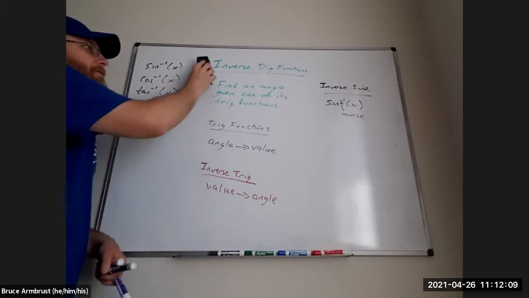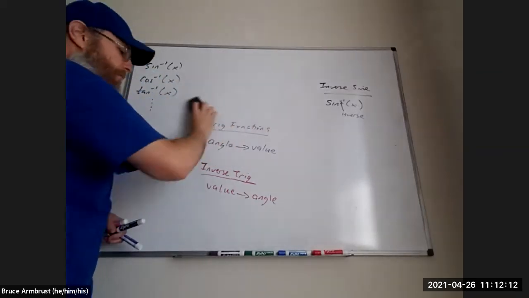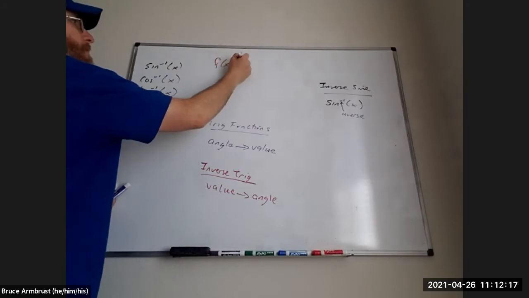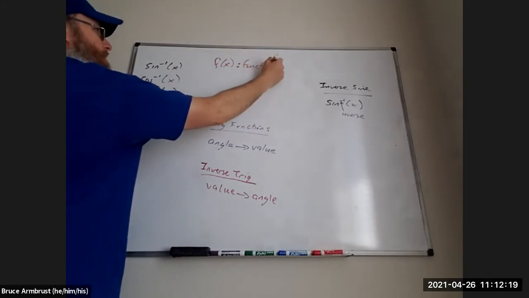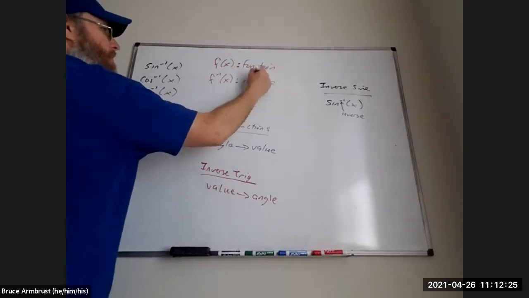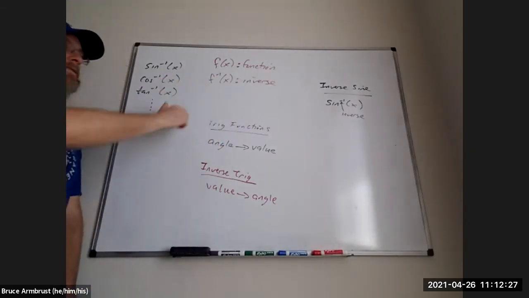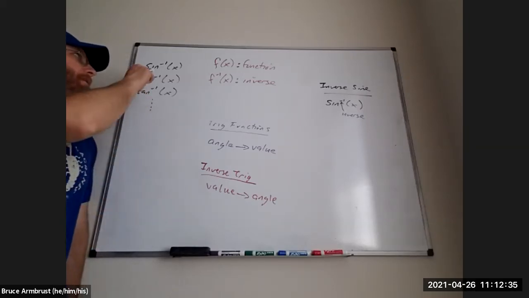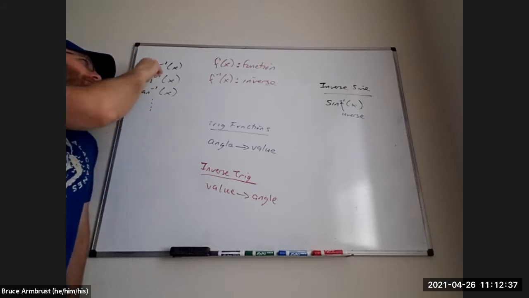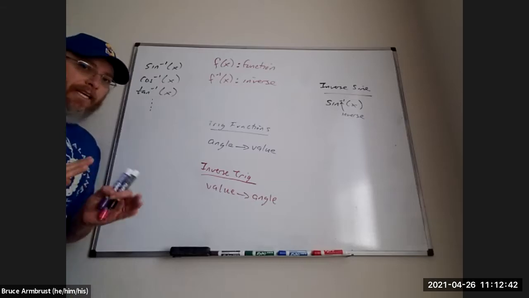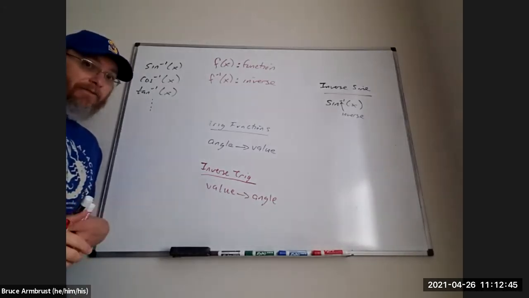If you remember inverse functions, if we have a function f of x, then the inverse function is written with the little -1 exponent. So it's exactly the same idea. We're just going to specify that it's on the inverse cosine or the inverse sine and so on. Okay, so that notation shouldn't throw you. It's exactly like what we've seen for inverses before.